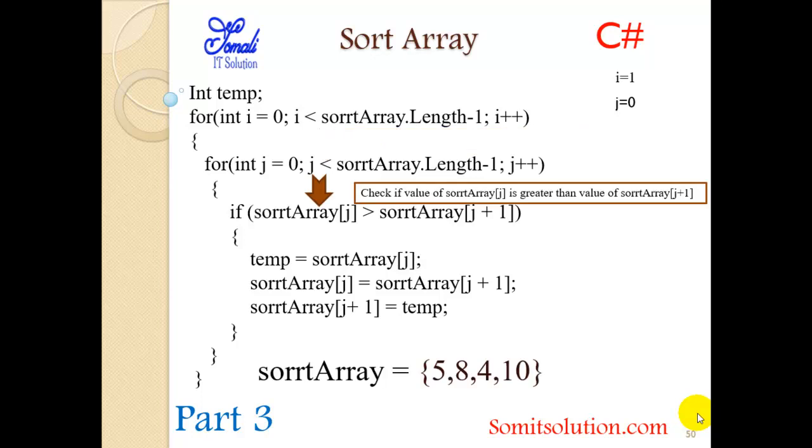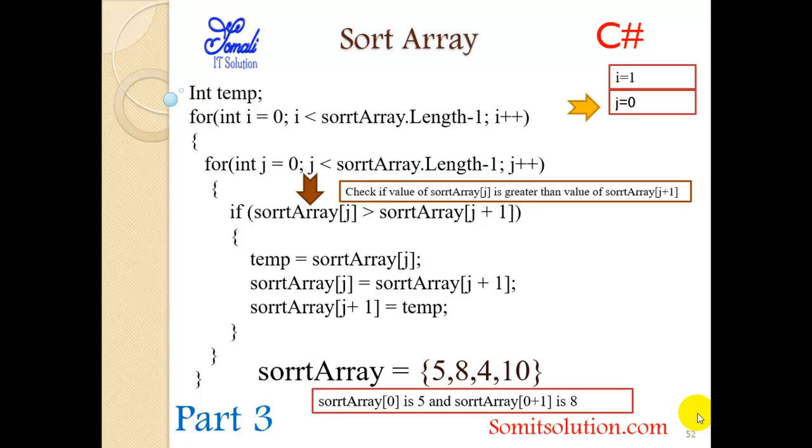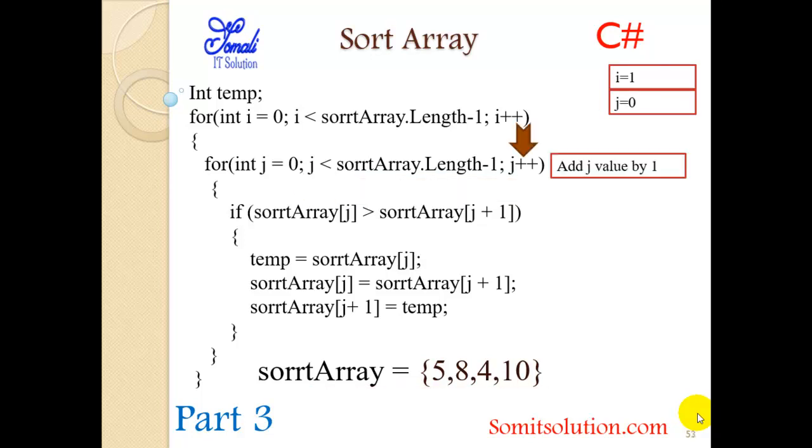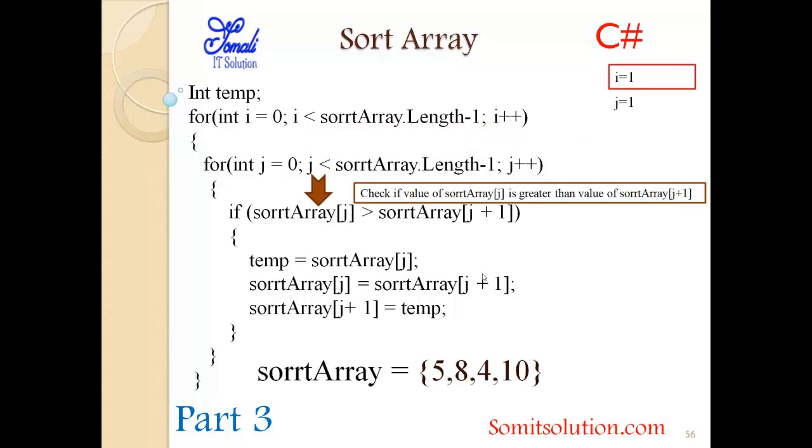J value is 0. Sort array of 0 is 5 and sort array of 1 is 8. So 5 is not greater than 8. Add j value by 1. Check if j value is less than array length minus 1. Our array length is 4 and 4 minus 1 is 3, so j is less than 3. J value is 1.